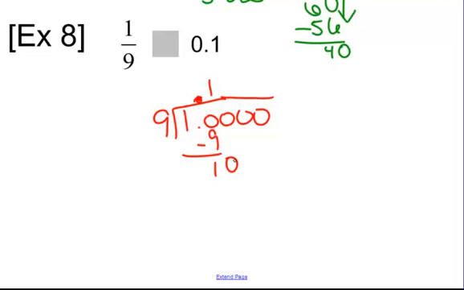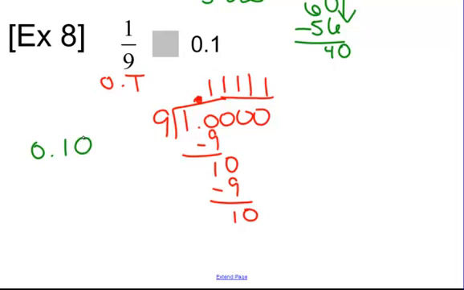Subtract, bring a 0 down. 9 goes into 10 once. 1 times 9 is 9. Subtract 1, bring a 0 down. I think this is going to keep going on for a while. Okay, so we know that this is 0.1 repeating. Now, what's bigger, 0.1 or 0.1 repeating? Well, if we would match them all up, 0.1, remember, 0.1 is actually 0.10, and this is 0.11. So we know that this is going to be bigger.